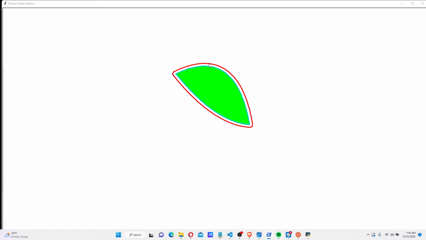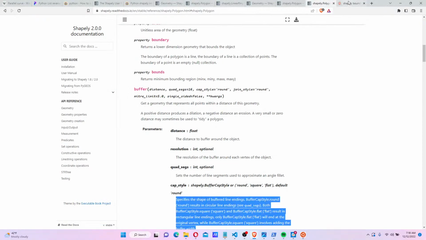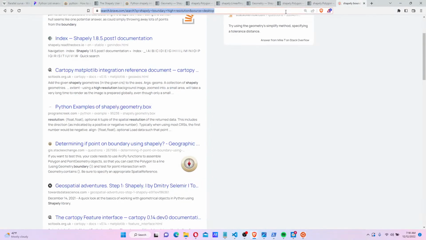Say I get an endpoint here, and I say I want the second endpoint to be somewhere over here. And I want it to go through a point. If I only know one endpoint and a point that the line goes through.